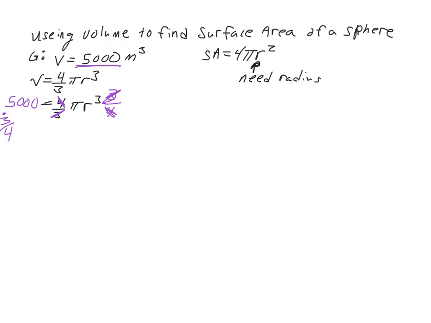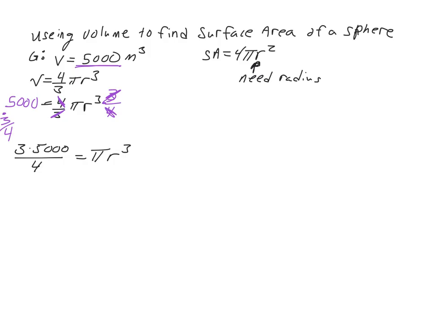And on the left, I'm going to write this as 3 times 5,000 divided by 4 is equal to pi r cubed. Okay?